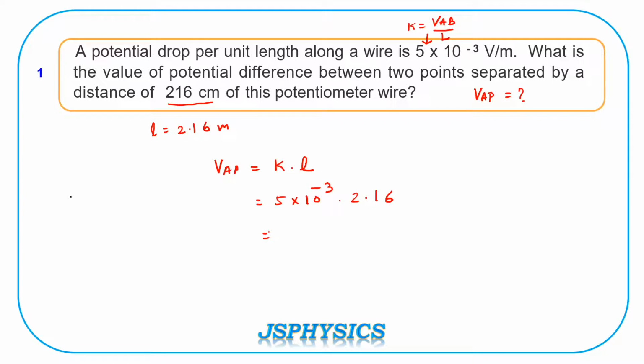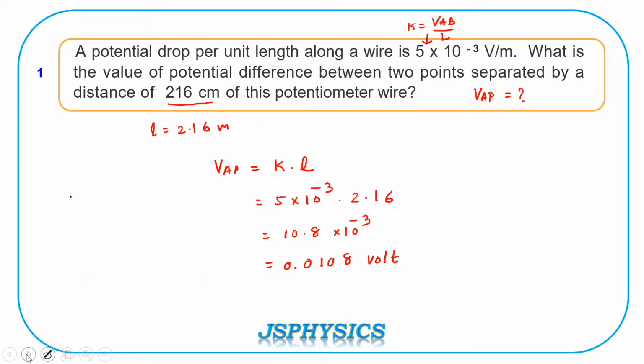So that gives me the value of 10.8 into 10 raised to minus 3, which is equivalent to 0.0108 volt. So in this case, the potential between 2 points A and P is given by 0.0108 volt.